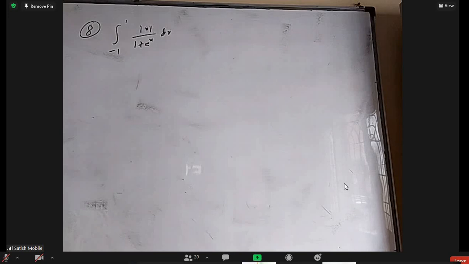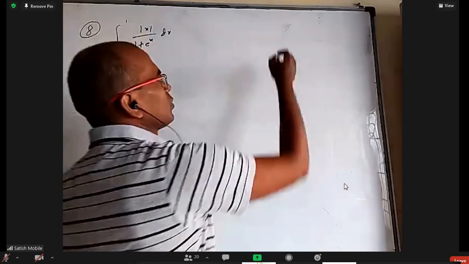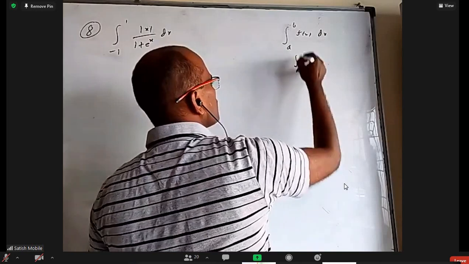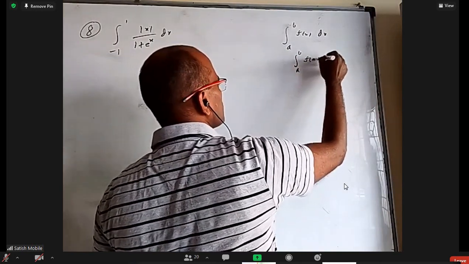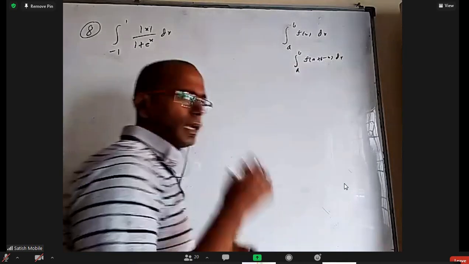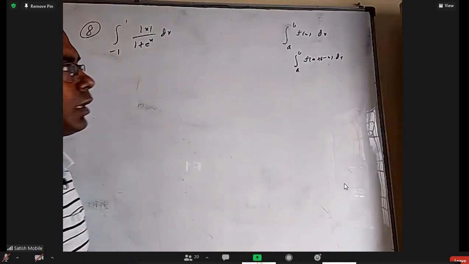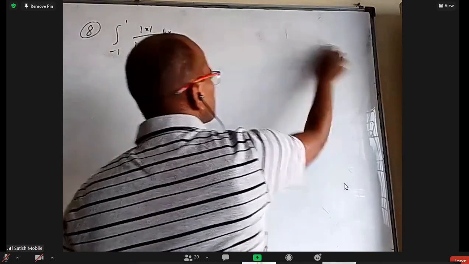Okay, we have seen many questions in our regular course. Integral a to b f of x dx. You can replace a to b f of a plus b minus x dx. And when you do I plus I, it will become a simpler expression which can be integrable easily. One of the standard properties.